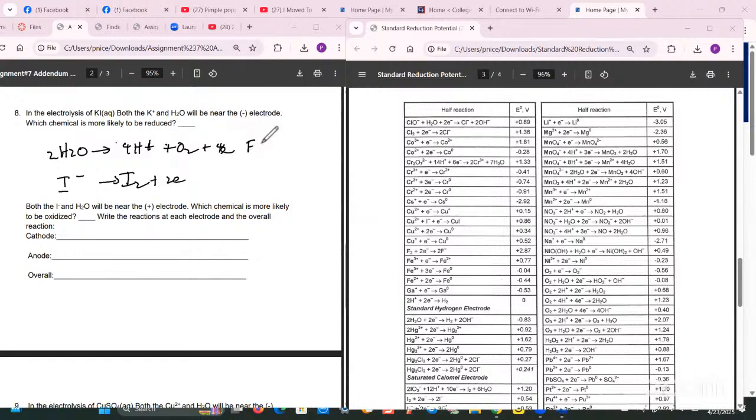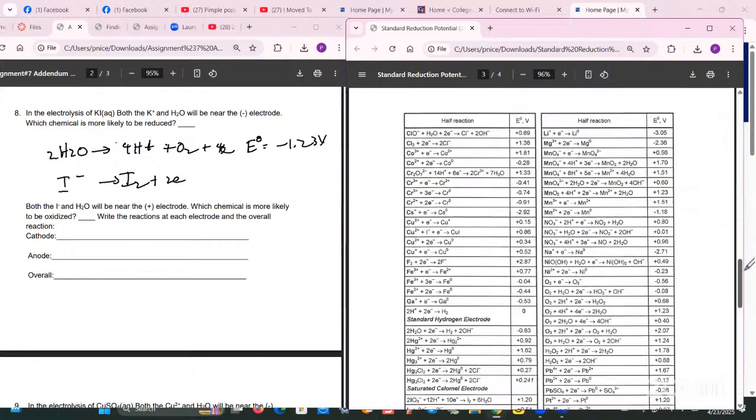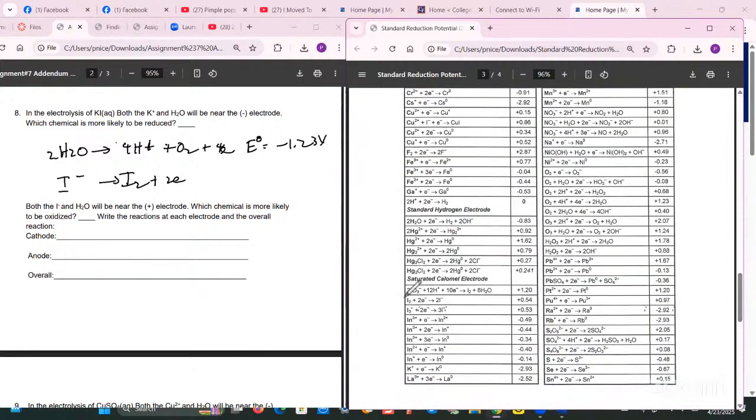So what's the EMF value that I had for the oxidation of water? If I'm not mistaken, that's minus 1.23 volts. And then for the oxidation of I minus, that's what I have to look for right now. Let me see if I can find that in this table here. Here it is, right here.